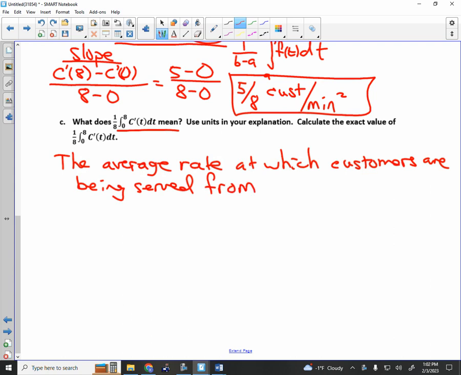I'll write it differently this time, from minute 0 to minute 8. There's another way of writing it. That's what that means.